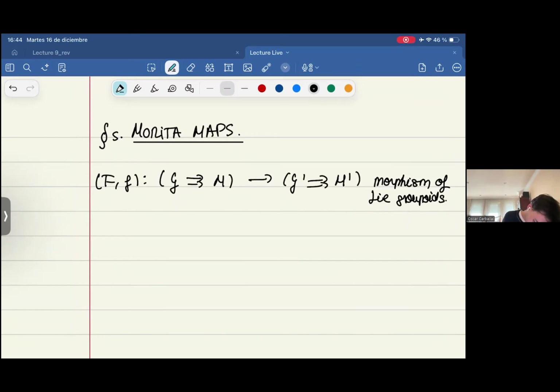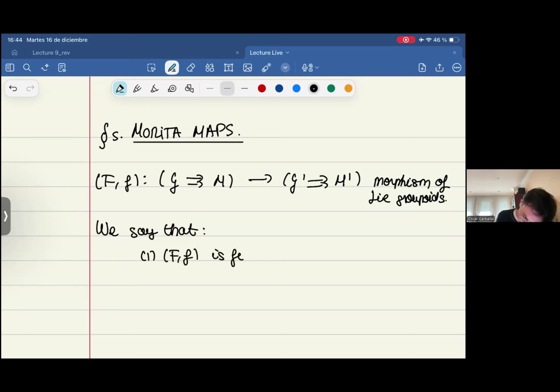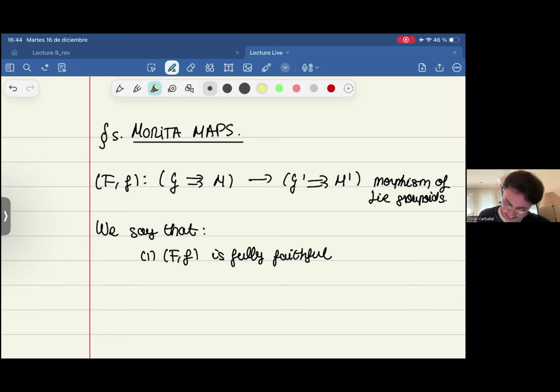Well, first of all, we say that the morphism of Lie groupoids is fully faithful. For the reader familiar with category theory, this has a very concrete sense, right?